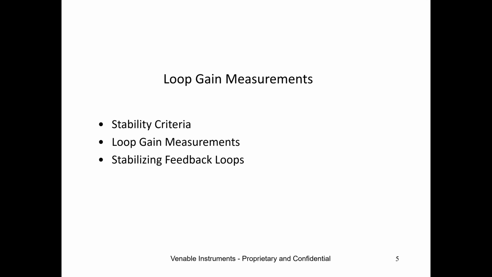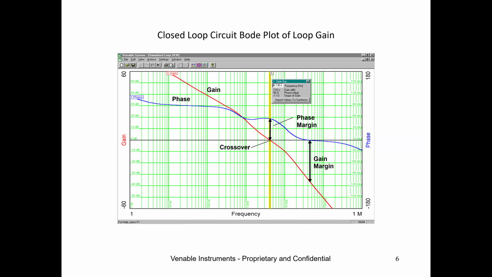So I thought I'd also just run over the stability criteria and then how to do the measurements, and then real world measurement systems. You really measure the phase margin and the gain margin from the 0 degrees or 360-degree phase line.